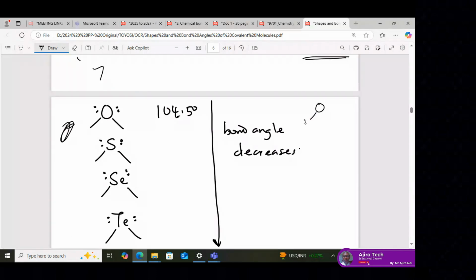Water, hydrogen sulfide, hydrogen selenide, hydrogen telluride. Is that okay? You are not supposed to know their values. You have to know the value for water only. But you have to know that H2S is lower than water.